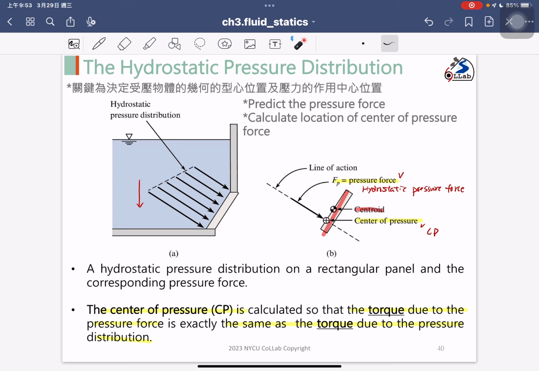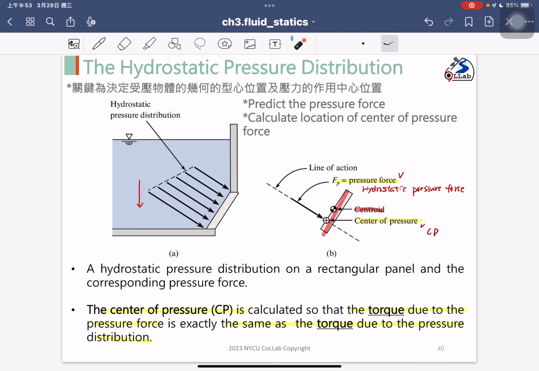So the moment should be balanced, and then the panel will stand there, right? If the moment is not balanced, the panel will rotate. But right now you put the panel in there, and you see the panel isn't moving. So that means the moment is balanced under this condition.